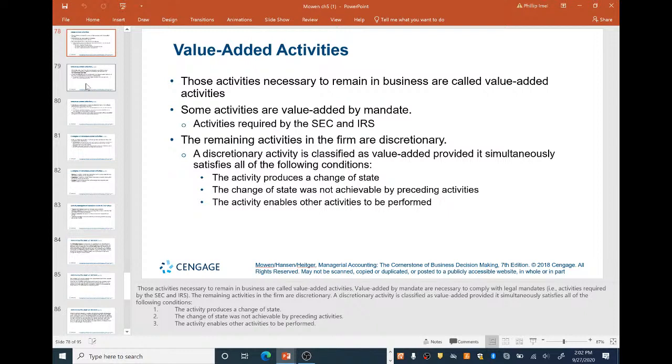If the change of state was not achievable by preceding activities, meaning we could not have achieved the change without undertaking that discretionary activity. The activity is going to enable other activities to be performed, meaning it pretty much made things better. By taking on this discretionary activity, now we can perform a whole other host of activities.